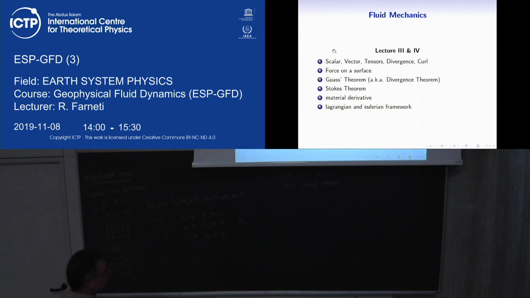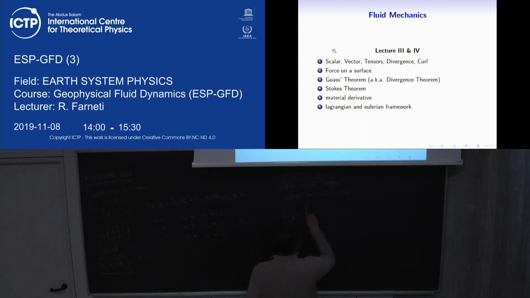This is not a second order tensor, it's a third order tensor. And it's the only isotropic tensor of third order. And this is epsilon ijk, the third order tensor now.